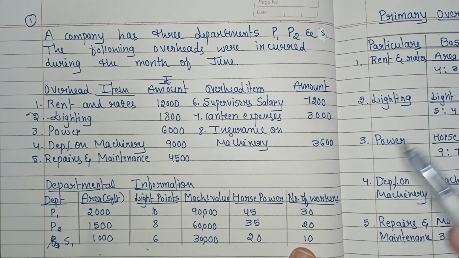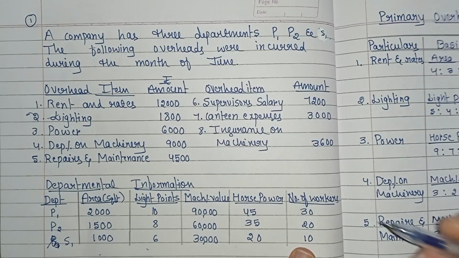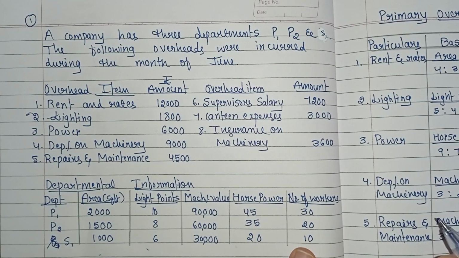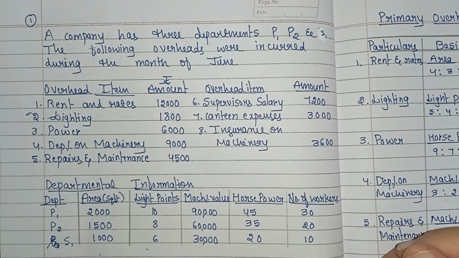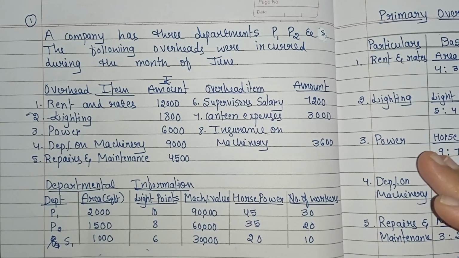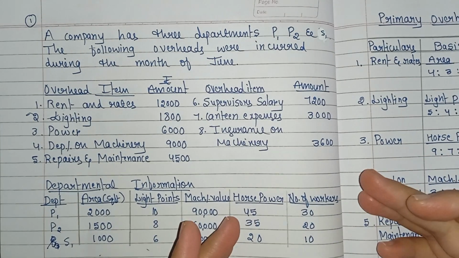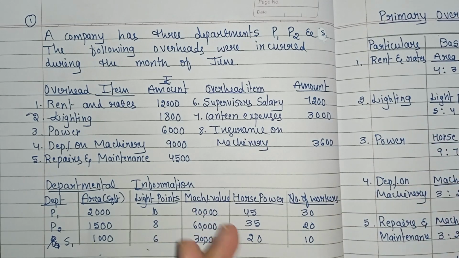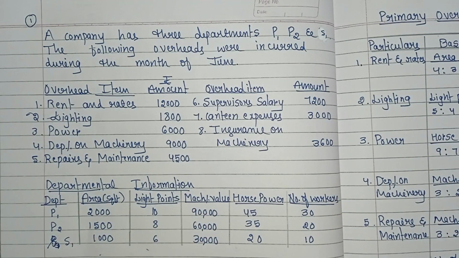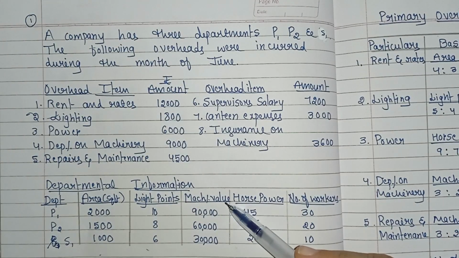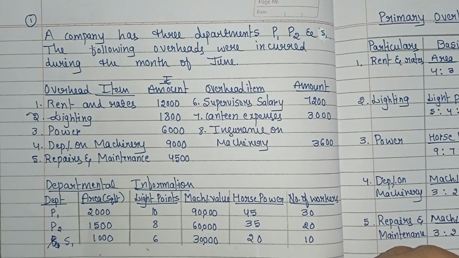Next one is insurance on machinery. Machine insurance premium is typically based on the insured value. Clear? More valuable machines attract higher insurance cost, right? So insurance on machinery we need to allocate on the basis of machine value.